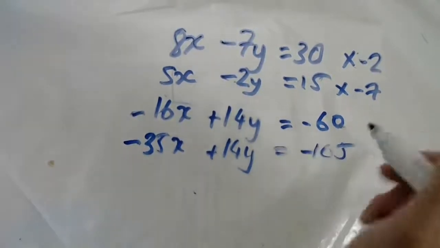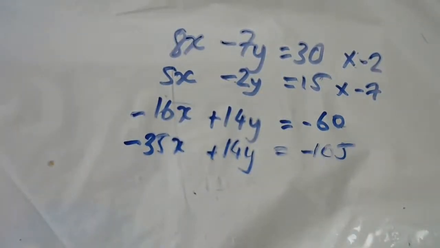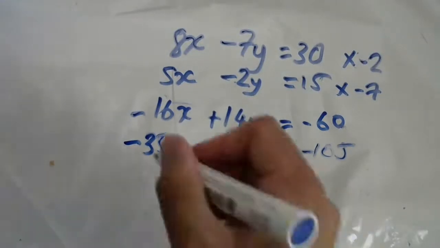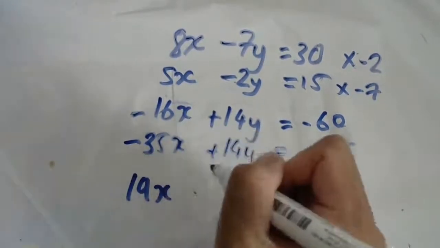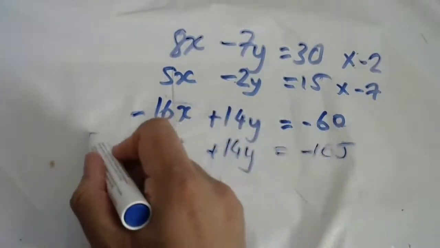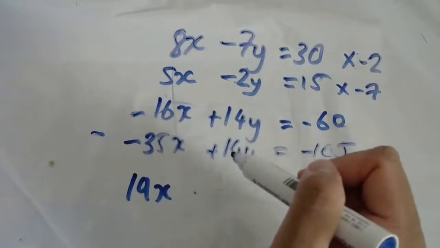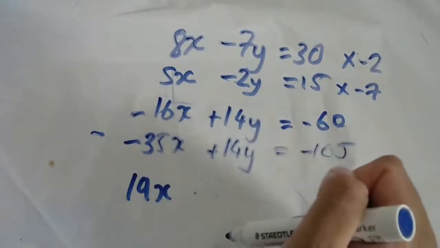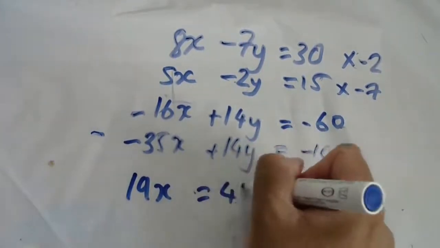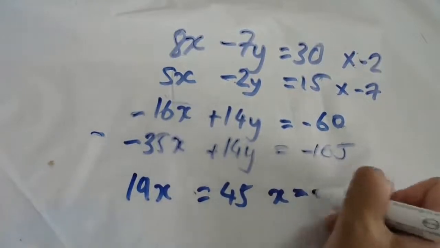Hopefully that makes a bit more sense to you. That's what you did. No big difference. We're going to subtract them because they're both the same sign. So you end up with 19x. Let's put a minus sign there. 19x. That's going to go 0. That's going to go 45. So you've got x is 45 over 19.